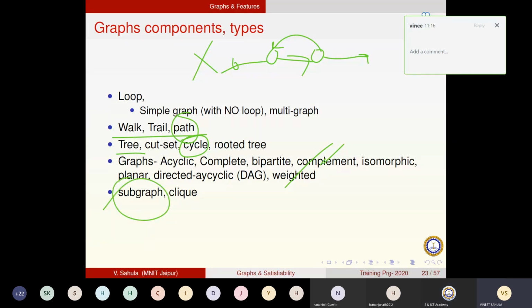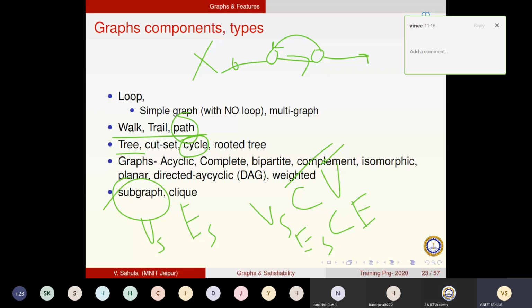The vertex set is contained in the larger vertex set, and the edge set is contained in the larger edge set. A clique is a special subgraph such that each vertex is directly connected to every other vertex by one edge.